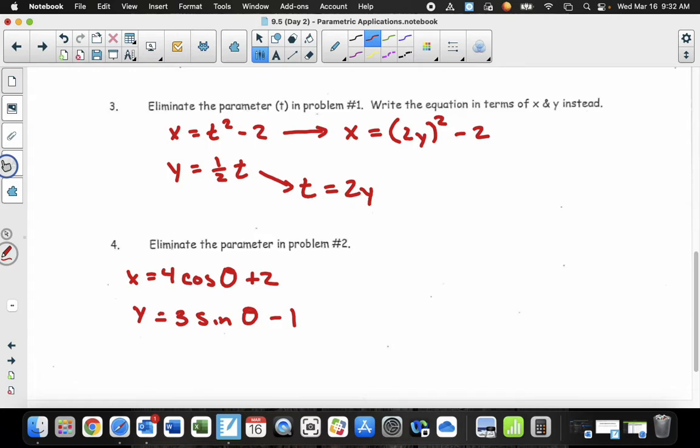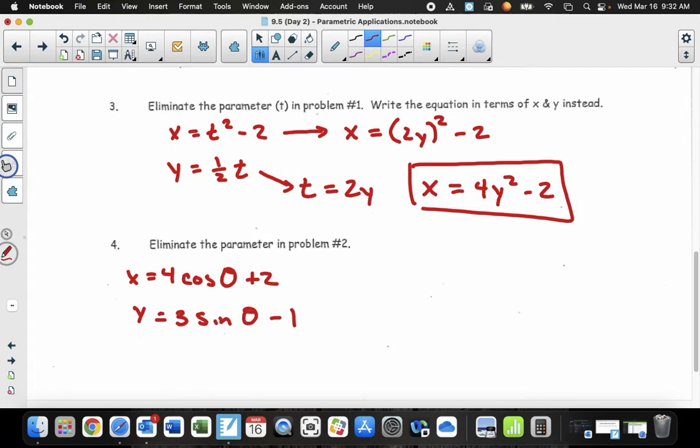Take t out, substitute in what t is equal to. That's why we needed to solve for t on the first part. And now we just simplify it down. We have to just square the 2y, which means we end up with an equation of x equals 4y squared minus 2. There's your equation in this case in rectangular coordinates.